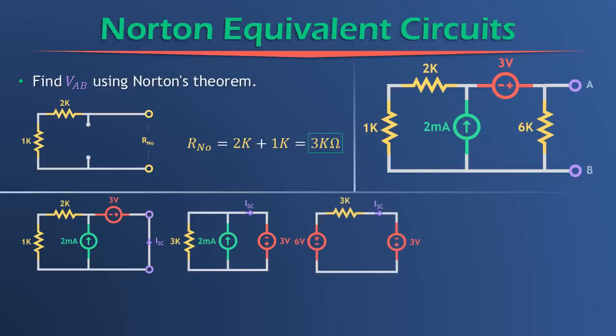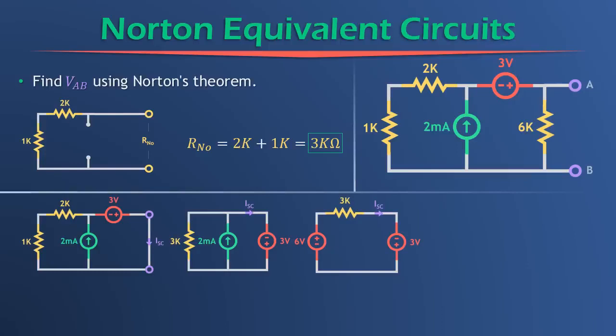We had a 2 milliamp current source in parallel with a 3K resistor. To find the V Thevenin of that, multiply 2 milliamps times 3K and you get 6 volts. Then you put that 3K resistor in series with that new 6 volt voltage source.